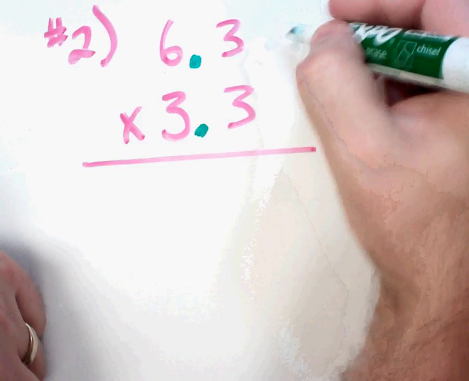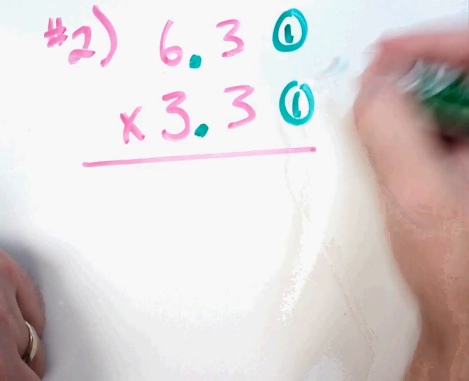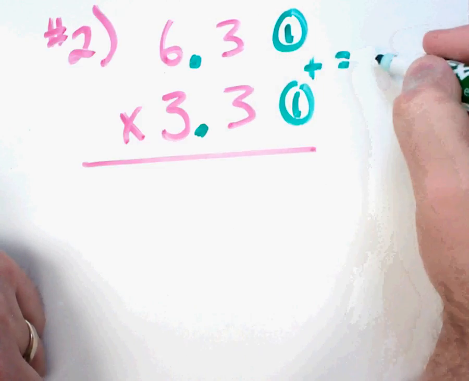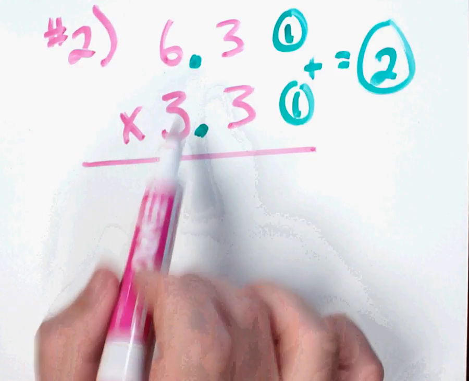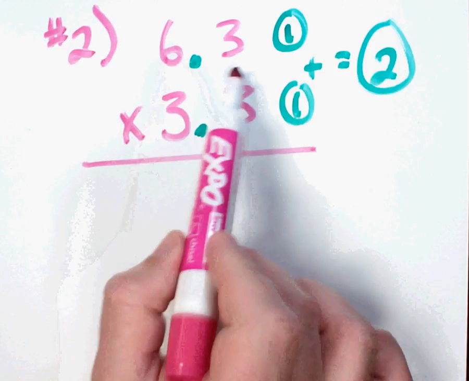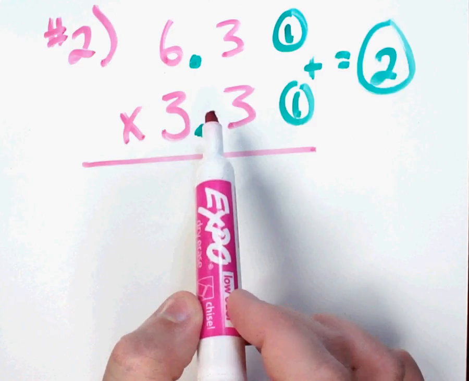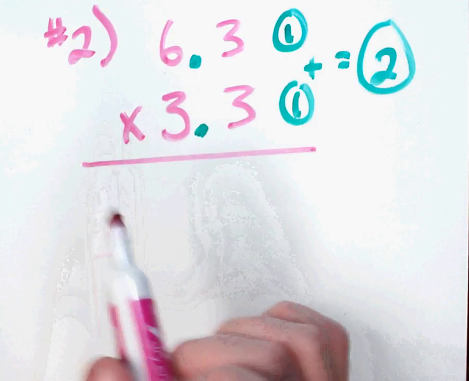So I've got 1 on the first number, 1 on the second. So my answer is going to have 2 numbers to the right of the decimal. Once I have done that, though, I want to just forget about those decimals. I just want to think of it as 63 times 33. All right, and then we'll place our decimal at the end.